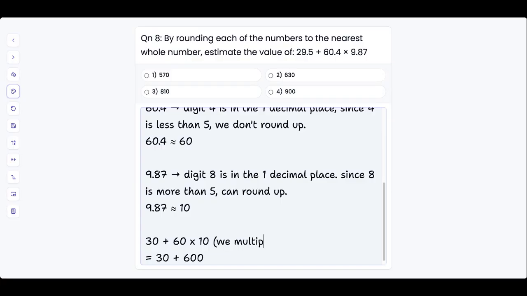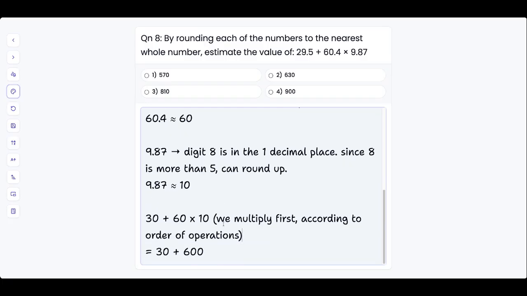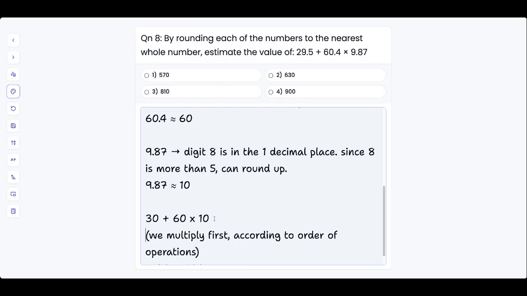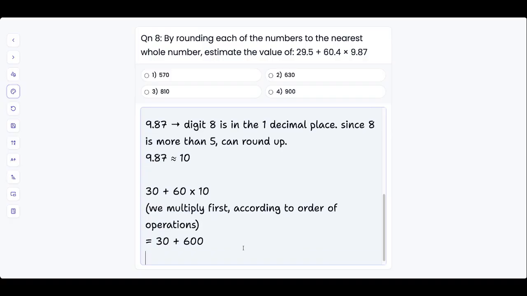So 30 plus 600, and then this will be 630. So the answer is option number 2.